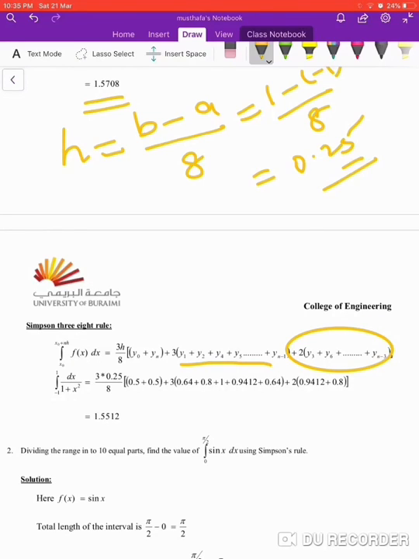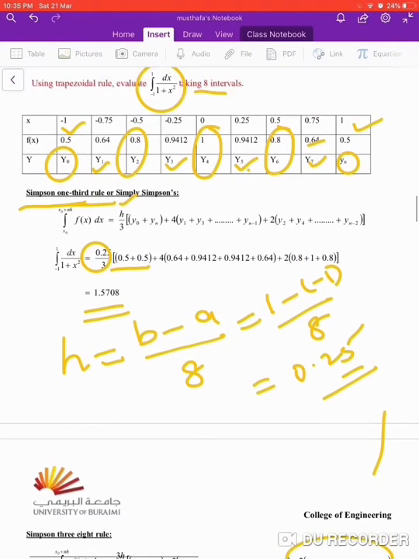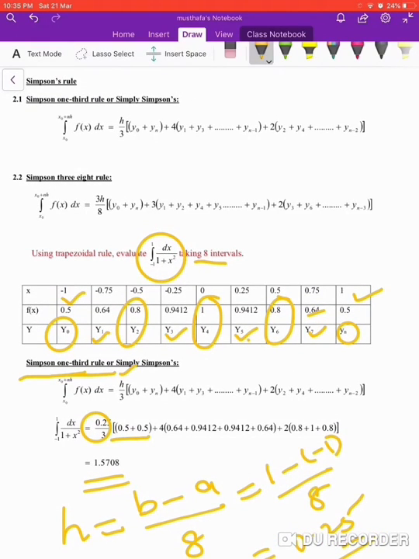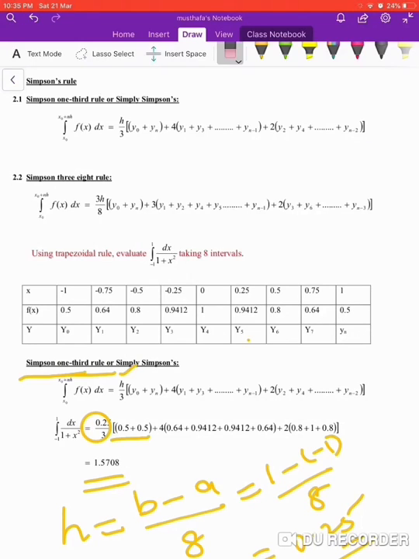Let us see about this term and then we can come back to the second term. Here 2 times the y entries which are multiples of 3. Now look at this table: what are the multiples of 3 that you have? y3 and y6 are the multiples of 3, and the first and last values are already taken, so between these values we find the multiples of 3.